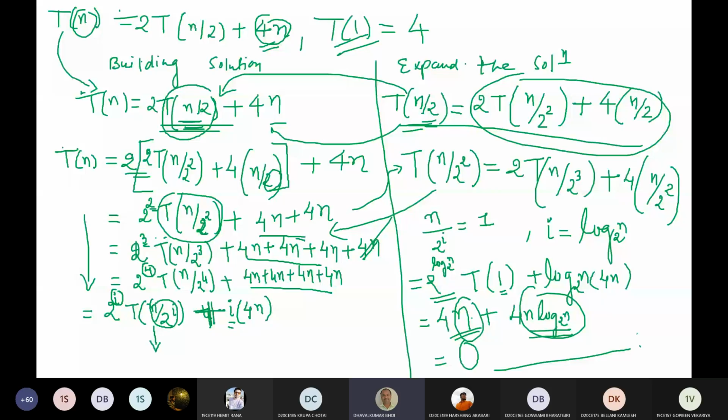Can any student answer which time complexity we need to consider? It is equal to... let me check whether students are there or not.